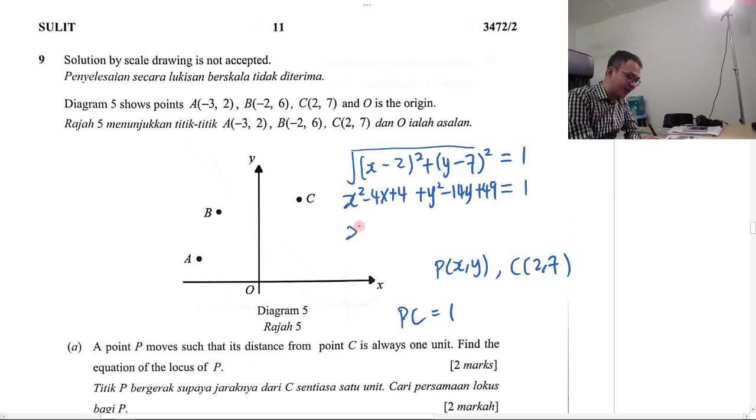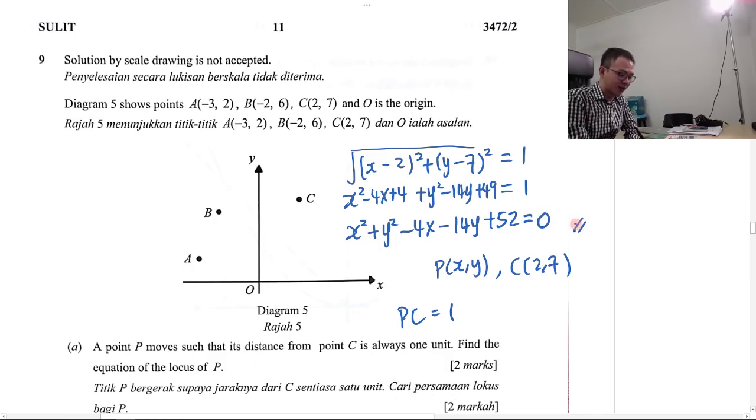So this is x squared plus y squared minus 4x minus 14y plus 53, minus 1, plus 52 equals 0. So this is your equation of locus. It's quite easy. Whenever you see locus, you just use the distance formula, then you can easily get the answer.